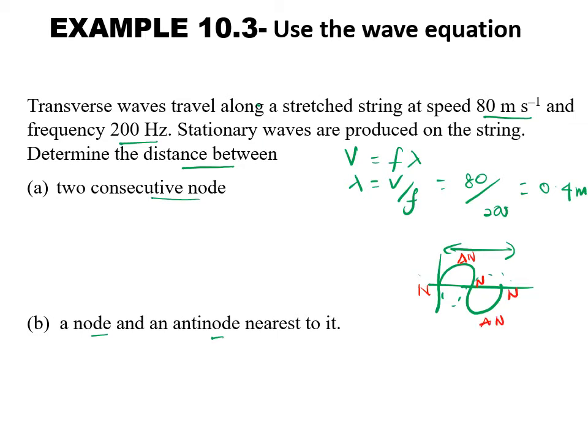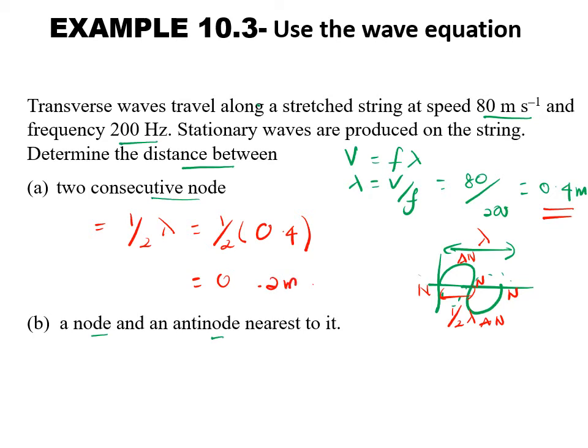So the distance from node to node takes half of lambda, right? Half lambda equal to 1 over 2 times the value of lambda that we got just now, 0.4. So you will get 0.2 meters.